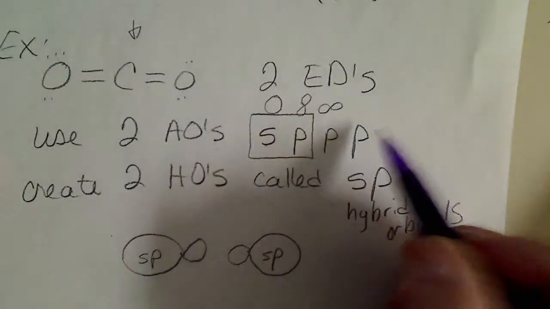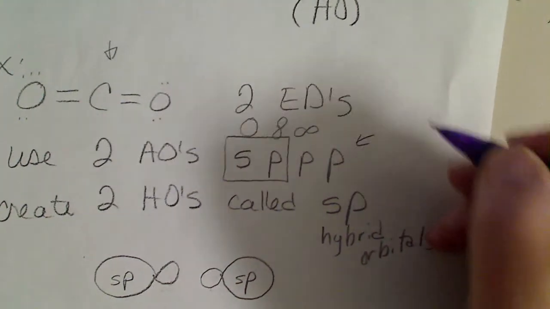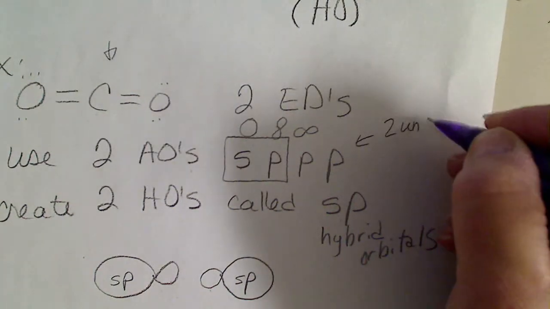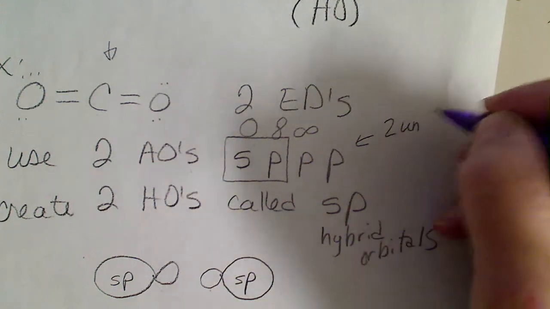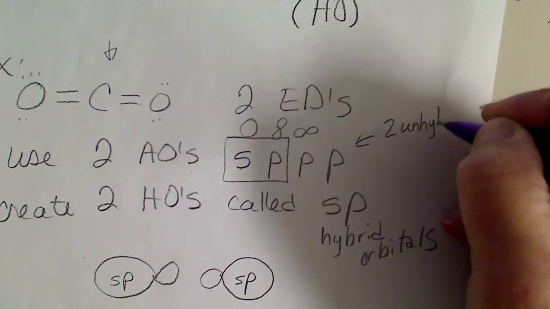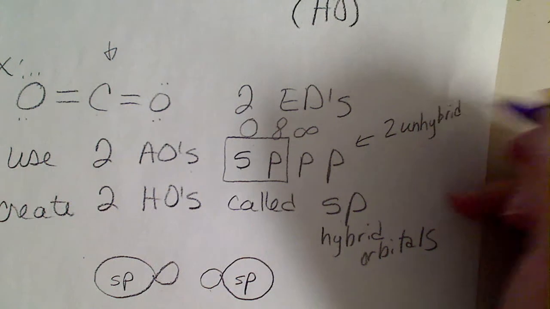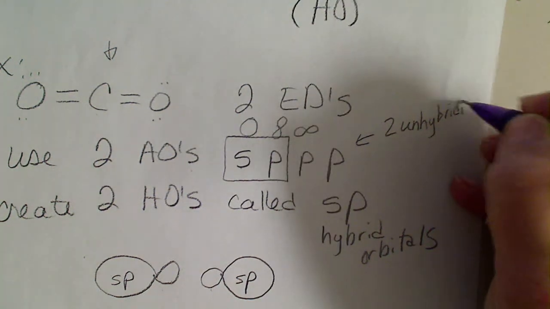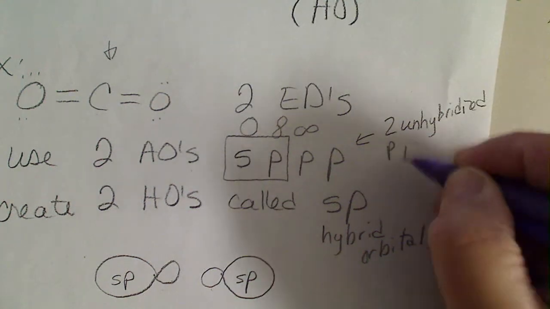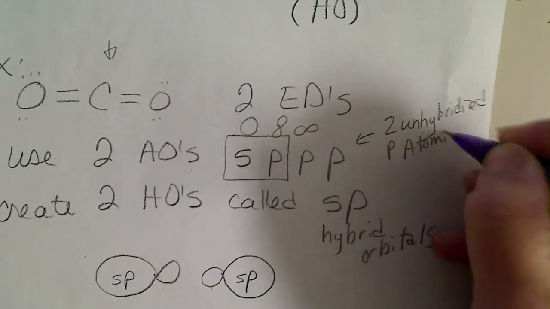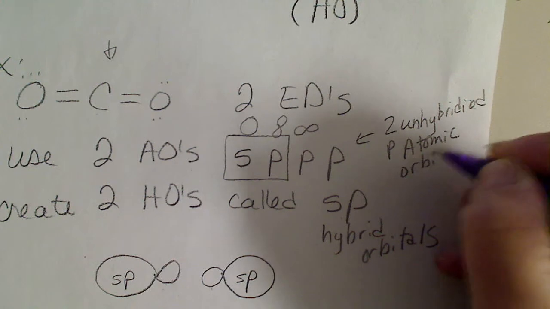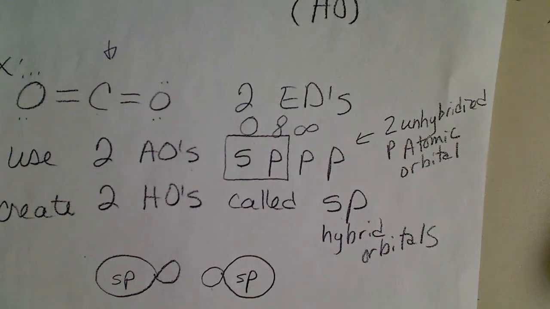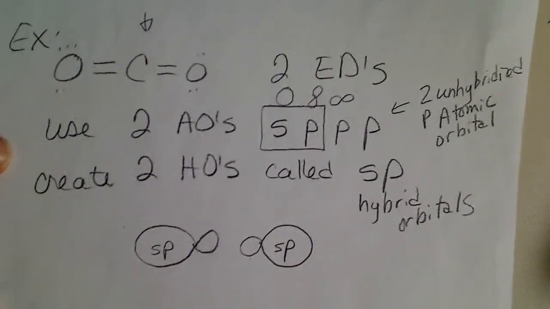And then there are going to be two unhybridized atomic orbitals. So those are going to be important later for describing double bonding. So those are two unhybridized p atomic orbitals. We're not going to discuss that yet, but we'll come back to that later.